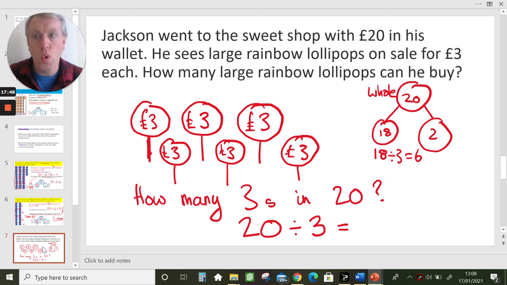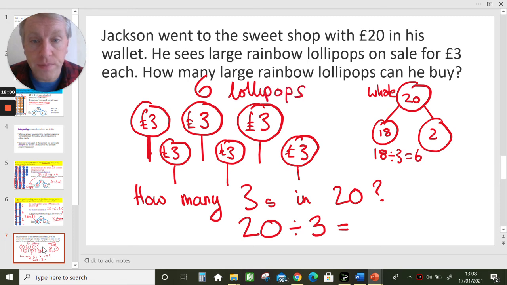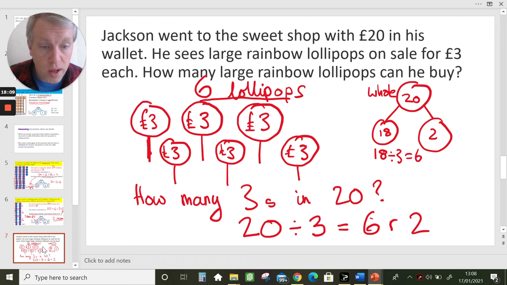That's too much. So, actually, how many large rainbow lollipops can he buy? He can buy 6 lollipops. Because our answer here, 20 divided by 3 is 6, remainder 2. It means 6 lollipops and £2 left over.